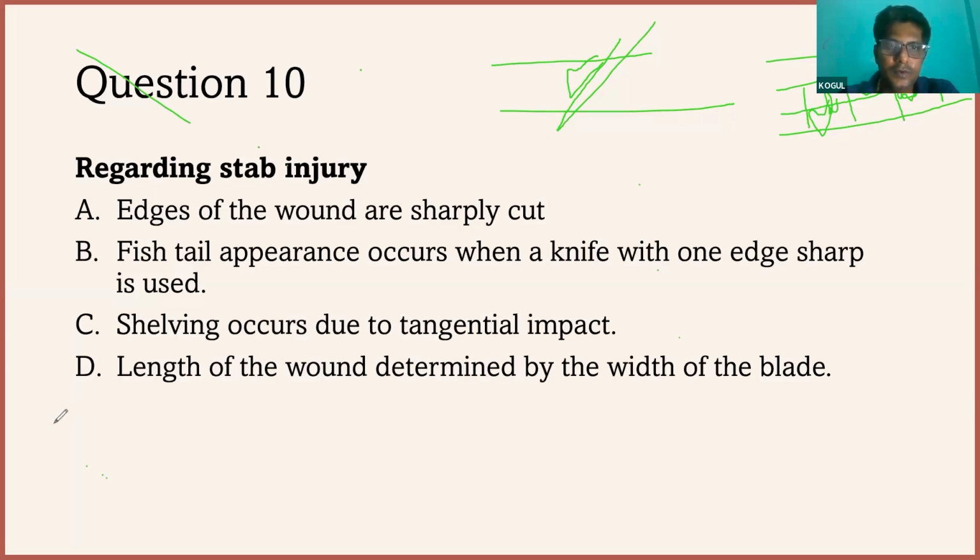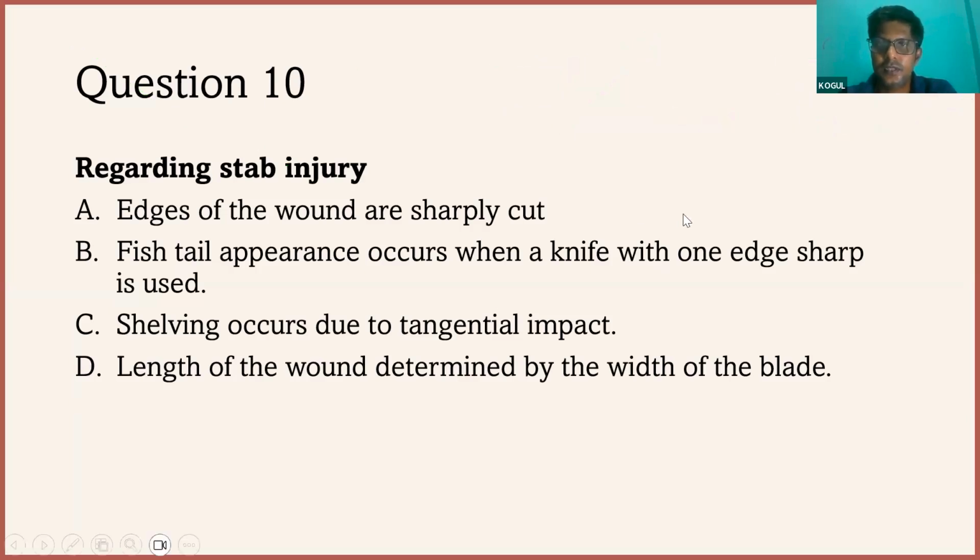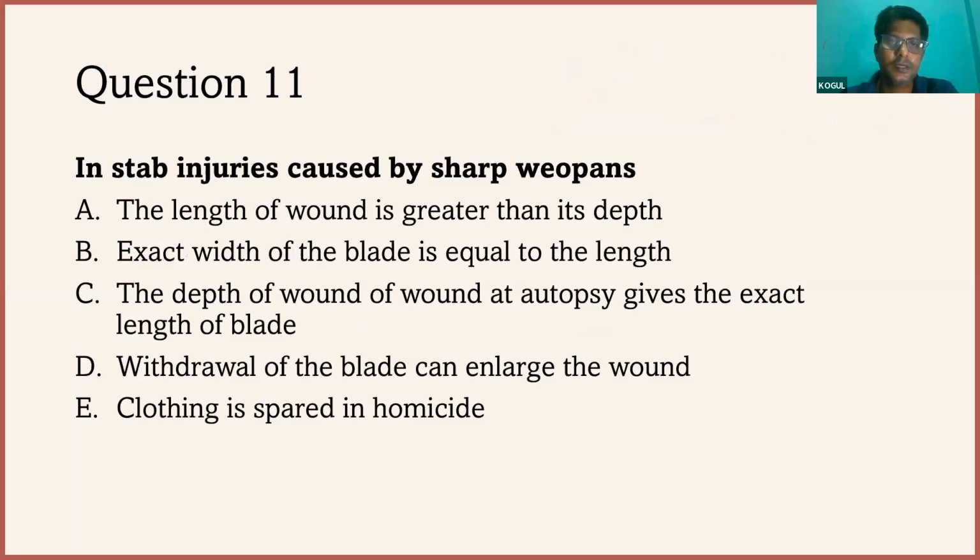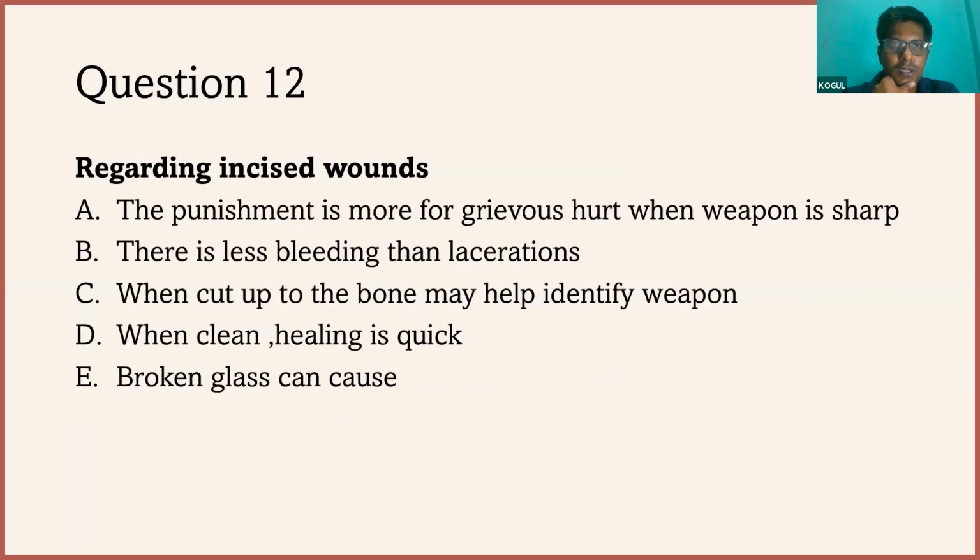Then we move on. Length of the wound determines the width of the weapon. I already mentioned, it's true, because the length of the weapon will determine the width of the weapon. And stab injury caused by sharp weapons, length of the wound is greater than depth. I don't want these questions to come again, so you can go through it and read.